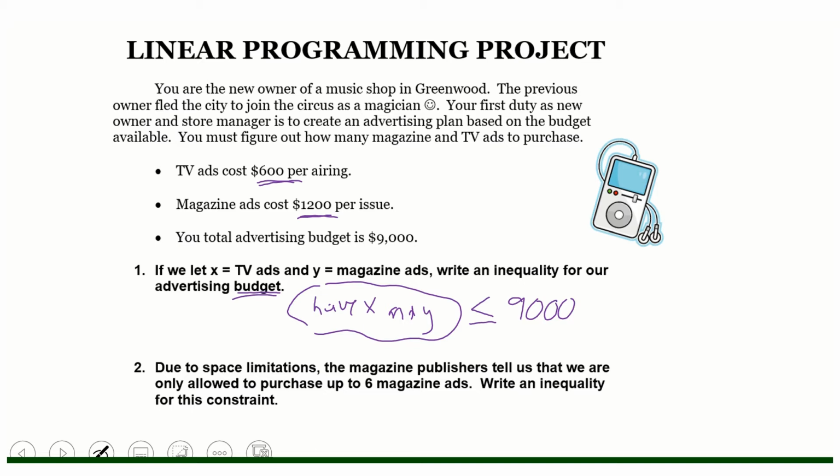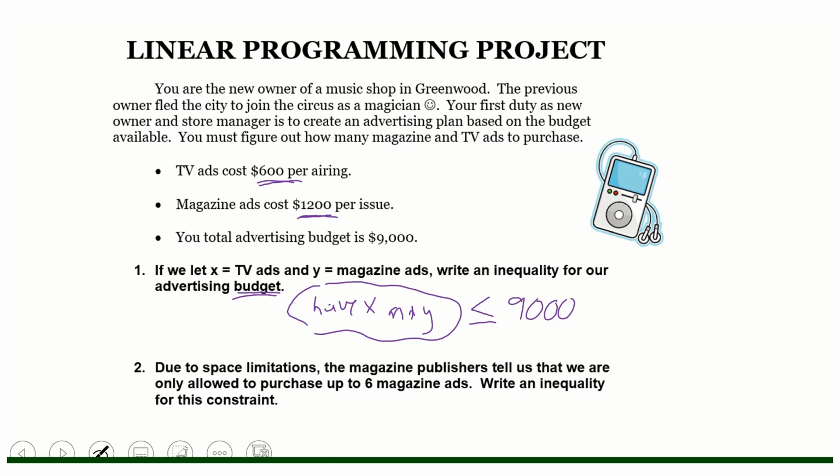Then it's going to take you through a series of other inequalities that you need to write, but these ones should only have one variable in them. Like question 2 says, due to space limitations, the magazine publishers tell us that we are only allowed to purchase up to 6 magazine ads. Write an inequality for this constraint.